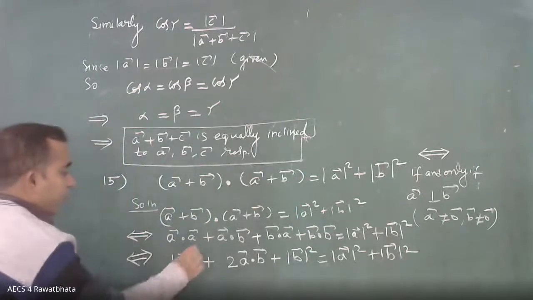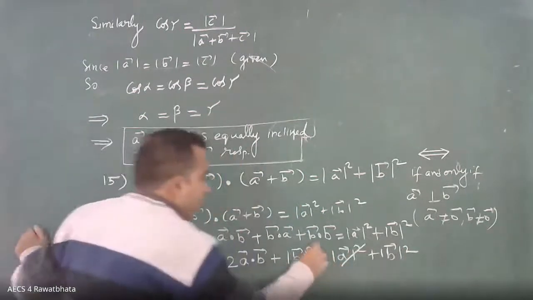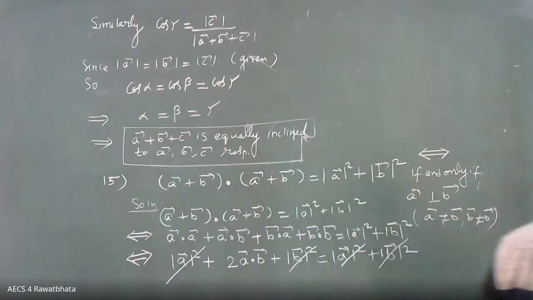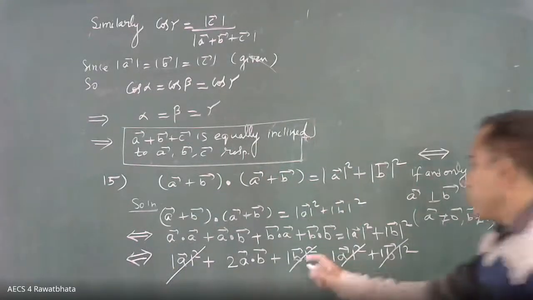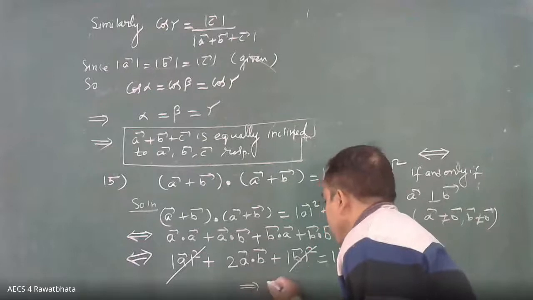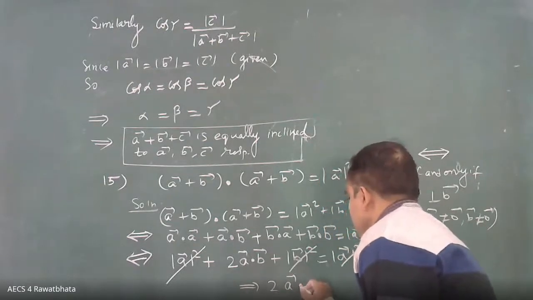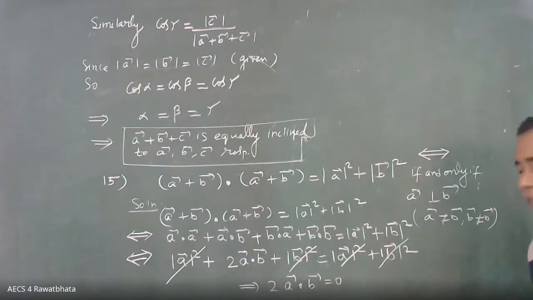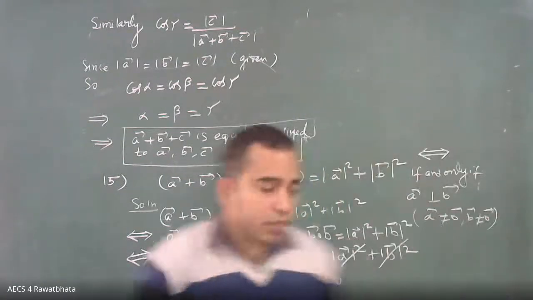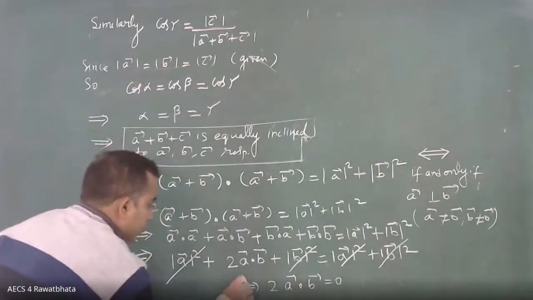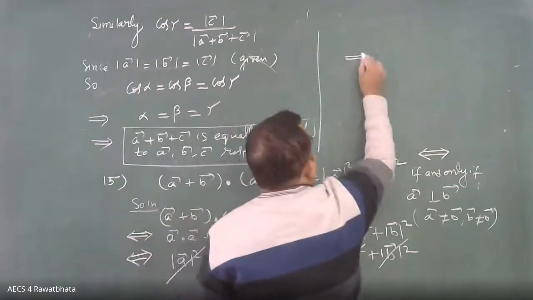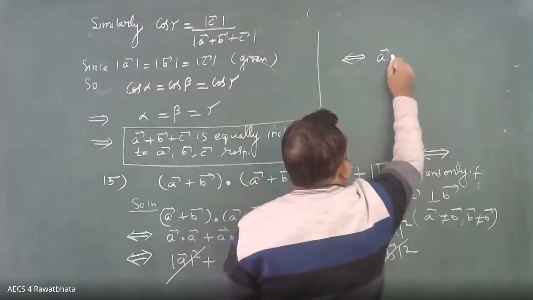Mod A whole square gets cancelled, mod B whole square also gets cancelled. So 2A dot B will be 0, and it means A dot B is 0. Let me keep using the implied by sign.